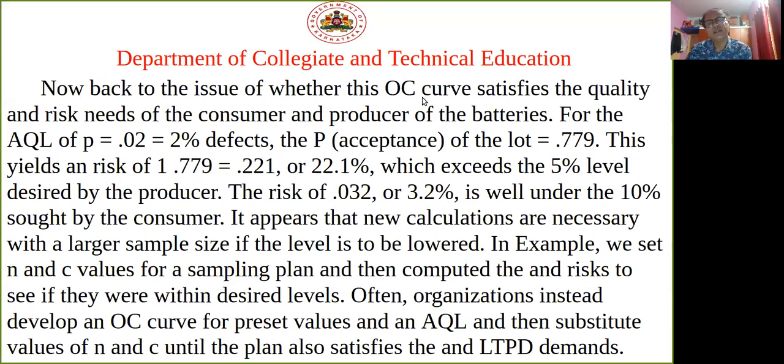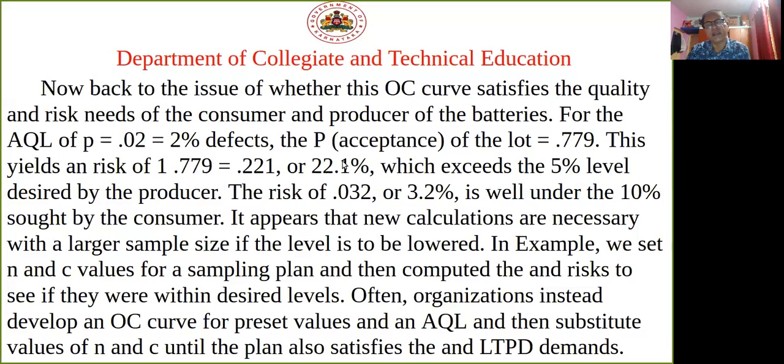So here the meaning is that, according to the curve, we should get the AQL less than 5%. According to the agreement between the producer and the customer, the AQL should be 5% and LTPD should be 7%.